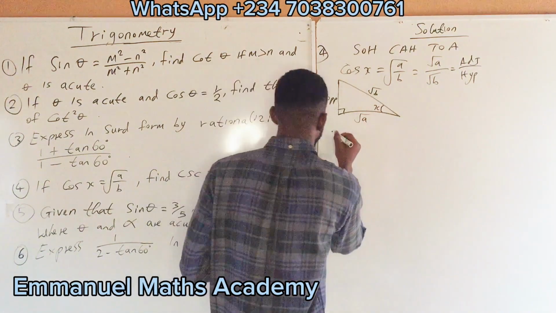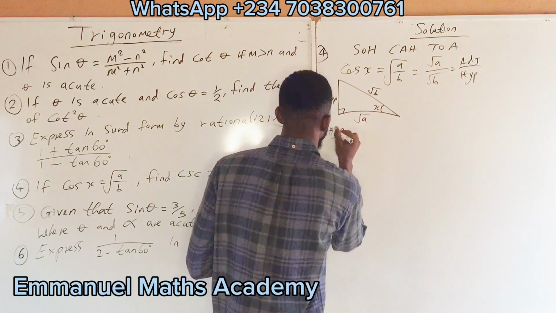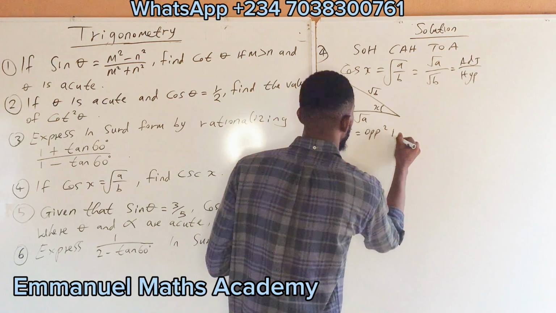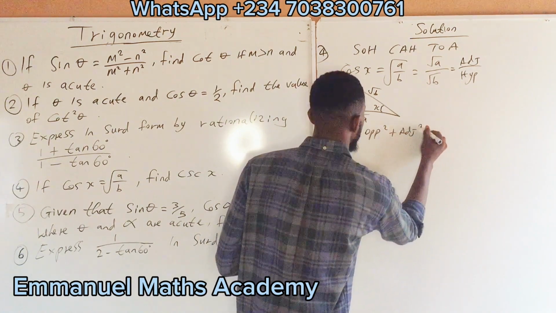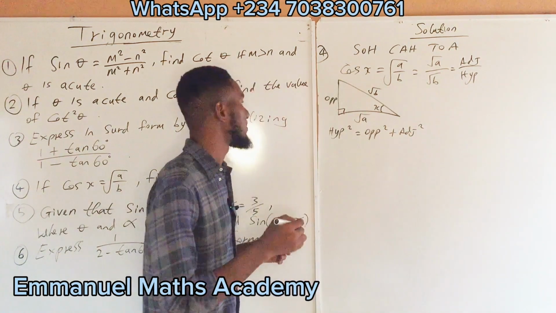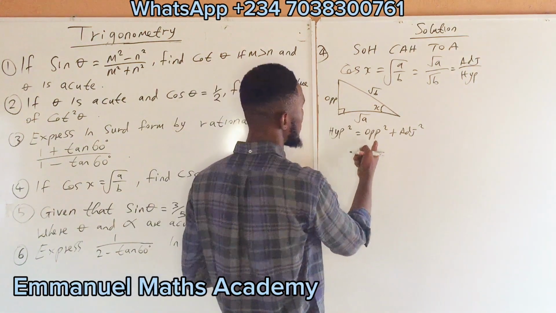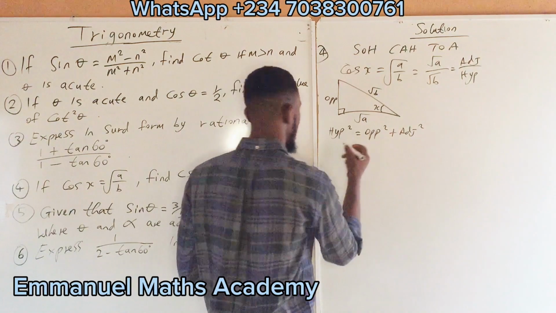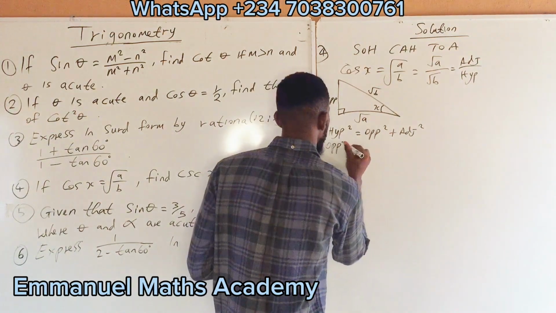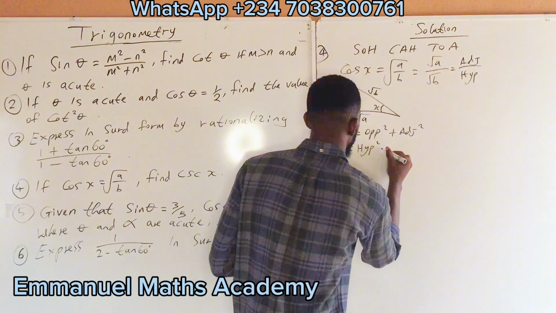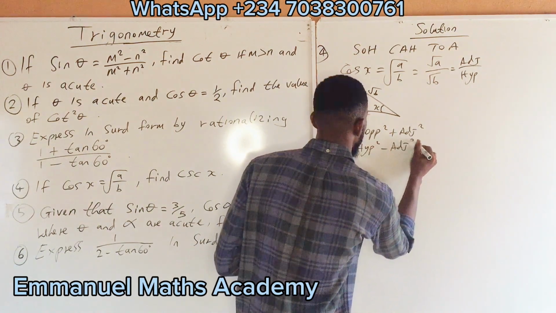Which says that hypotenuse square is equal to opposite square plus adjacent square. Is that clear? Good. Now we are looking for the opposite. You make the opposite the subject of the formula. From here you now have opposite square equal to hypotenuse square minus adjacent square.